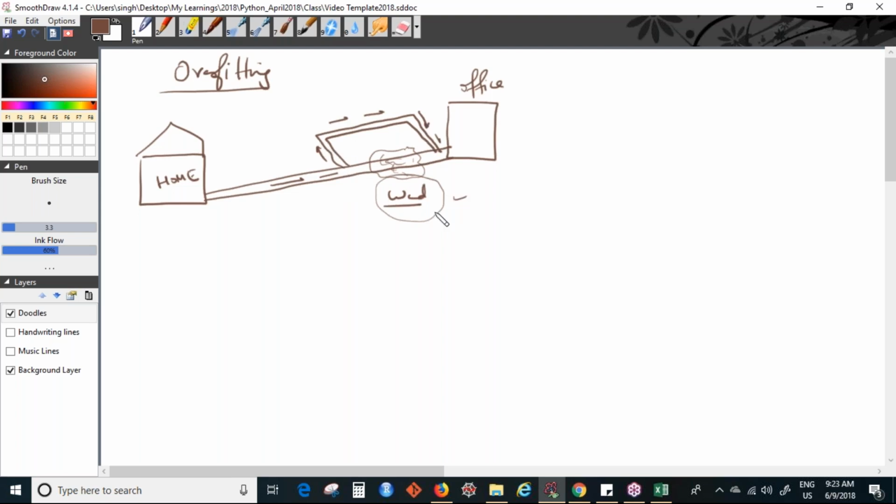So this is overfitting, and this is why it does not perform well. It does not generalize well because it not only captured that it rained, but it also captured that it is Wednesday. But this was not required. It took an additional variable which was not required at all because the rain had nothing to do with Wednesday.